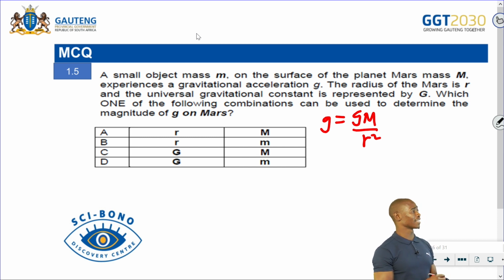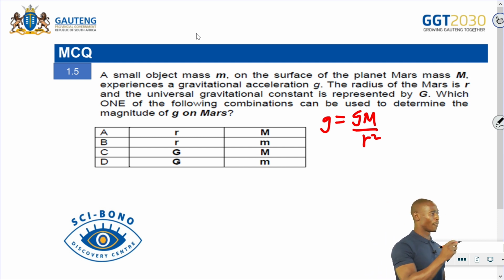A small object of mass m on the surface of planet Mars experiences a gravitational acceleration of g, the radius of the planet is r, and the universal gravitational constant is represented by G. Which one of the following combinations can be used to determine the magnitude of g on Mars? So what are we expecting here?